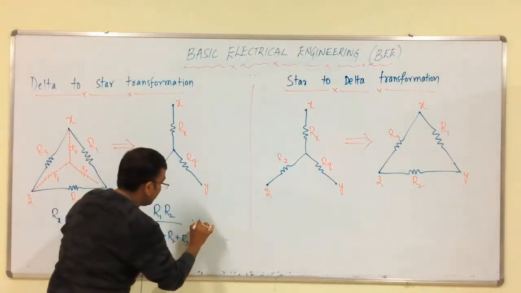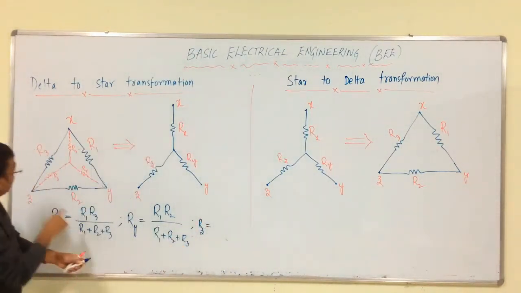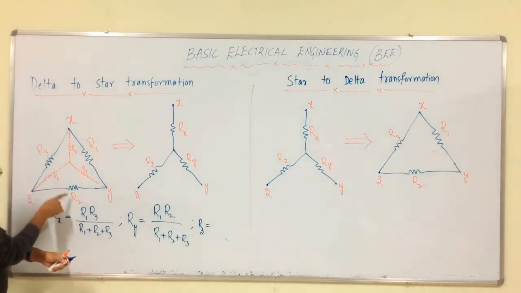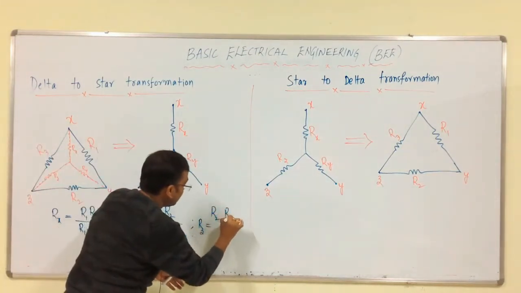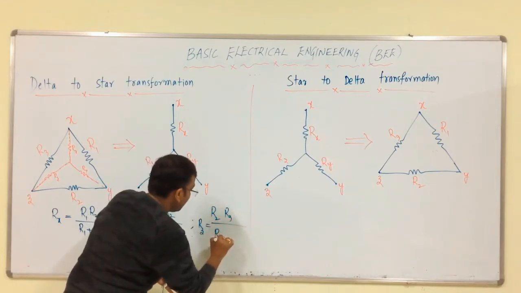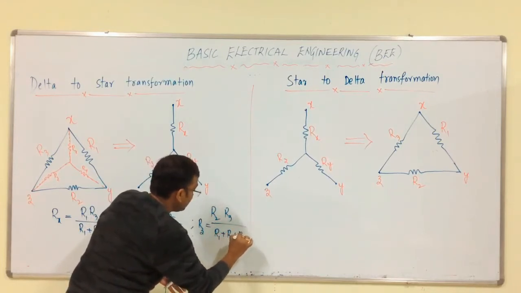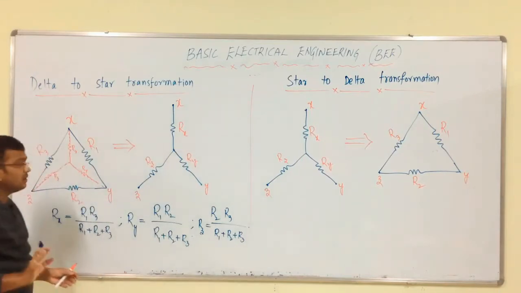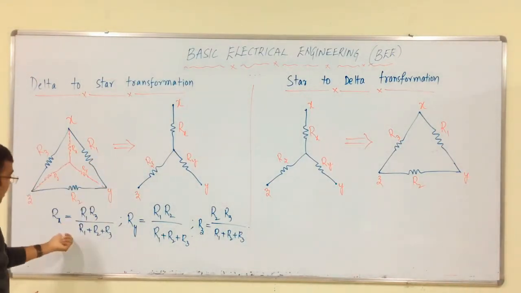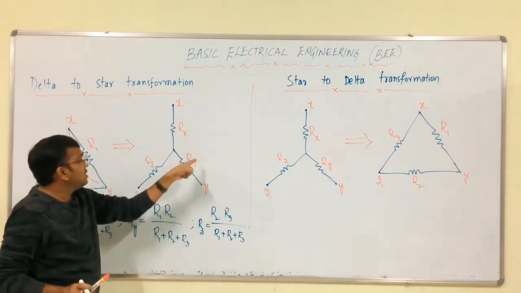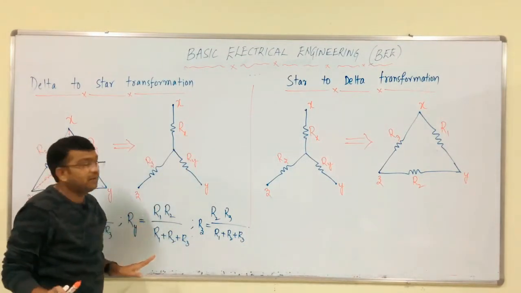Then Rz is present between R2 and R3, so Rz is R2 R3 divided by R1 plus R2 plus R3. So the given network is a delta connected network, and we got Rx, Ry, Rz of the star connected network.